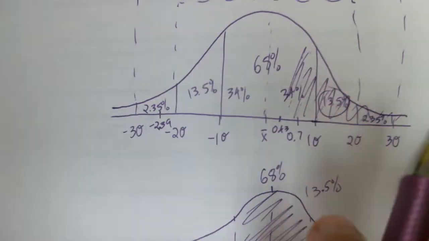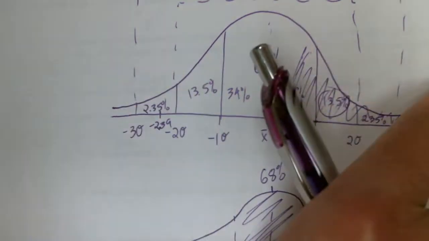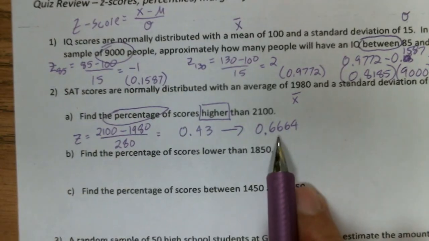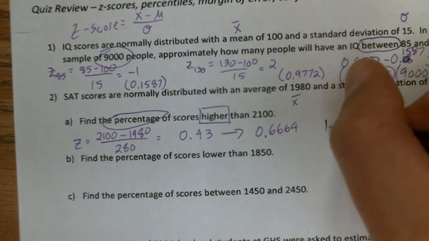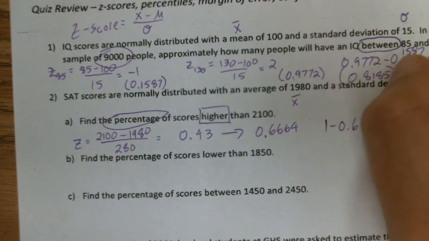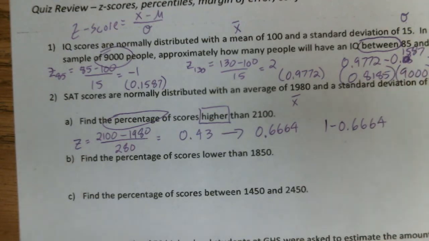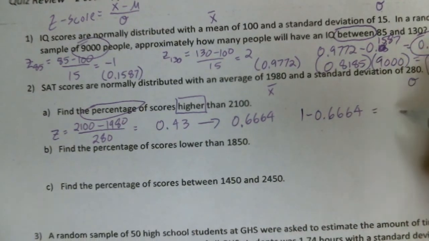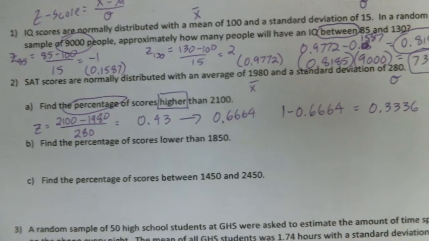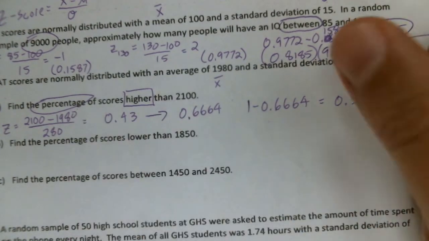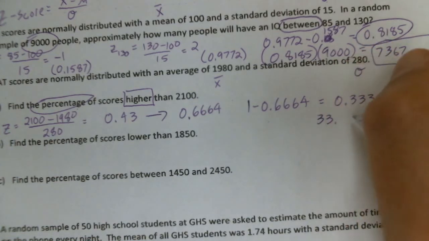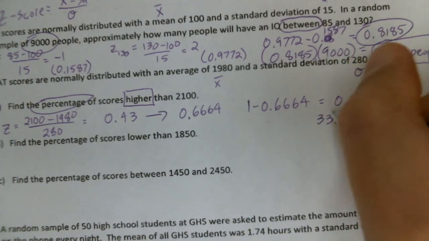So when I'm looking to the right of my curve, you must take this percentage and subtract it from 1. So it should be 1 minus 0.6664. That comes out to be 0.3336. But I want a percentage, so just move the decimal place 2 spots, and we get 33.36%.